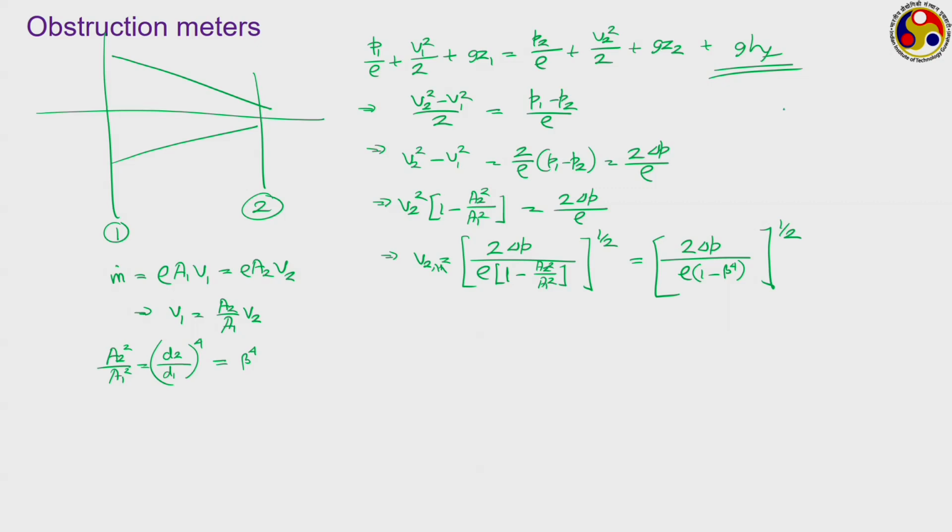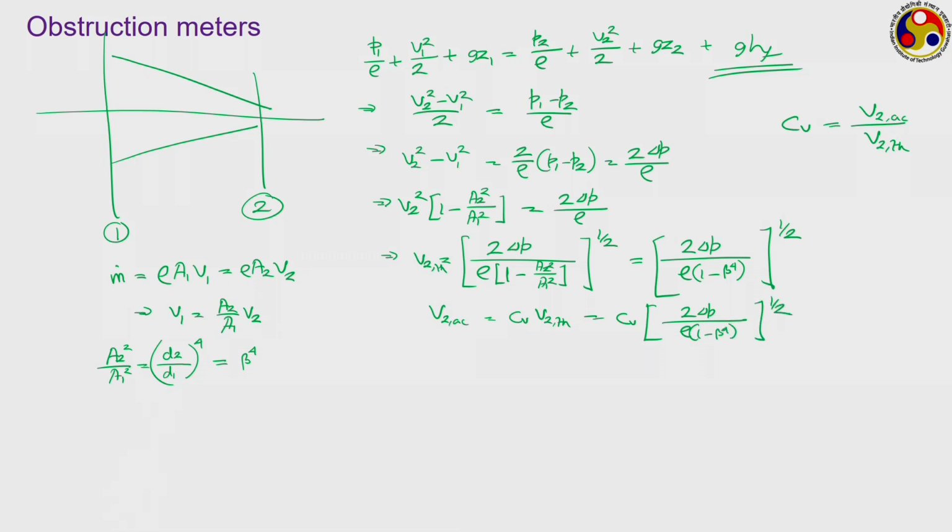For that we define a coefficient Cv called the coefficient of velocity, which is defined as V2 actual by V2 theoretical. So, V2 actual will be Cv times V2 theoretical, that is Cv times the expression which we have just derived.